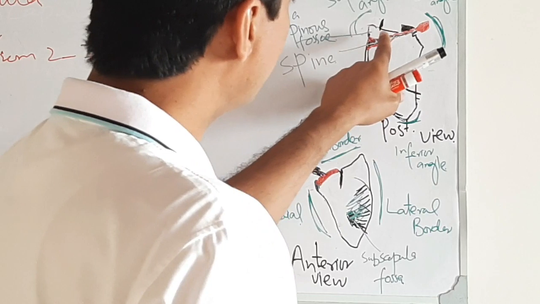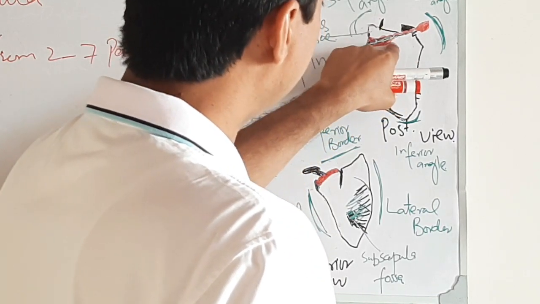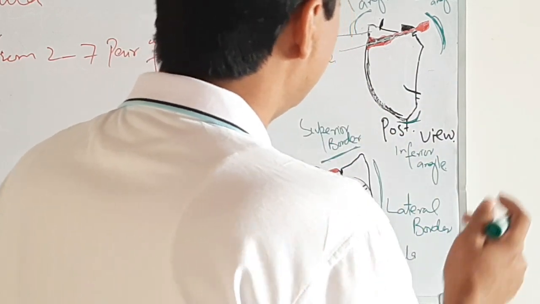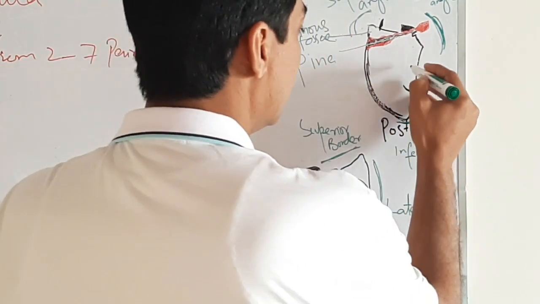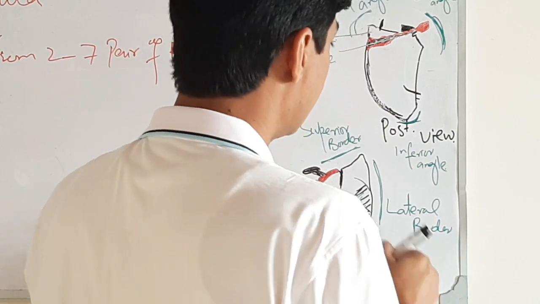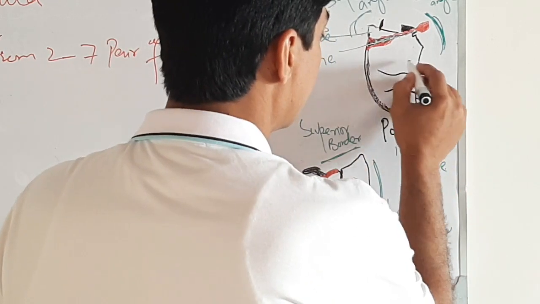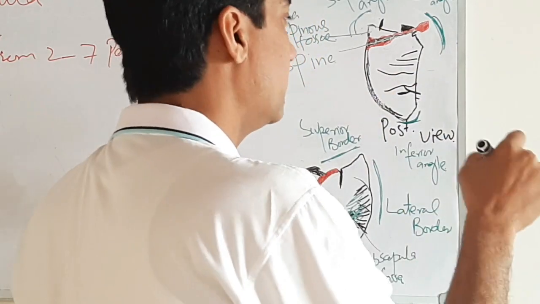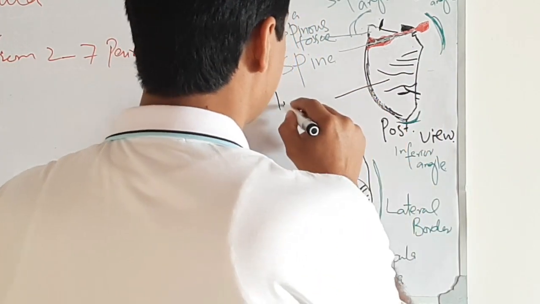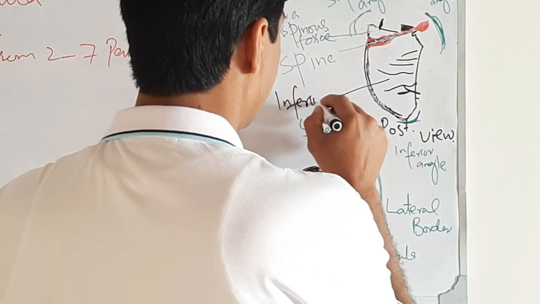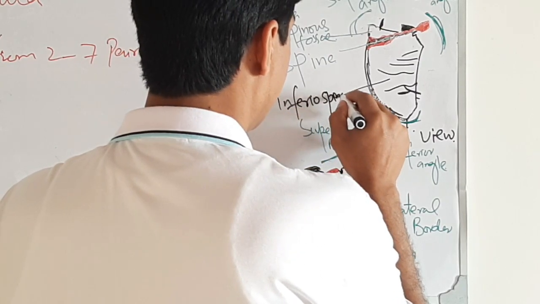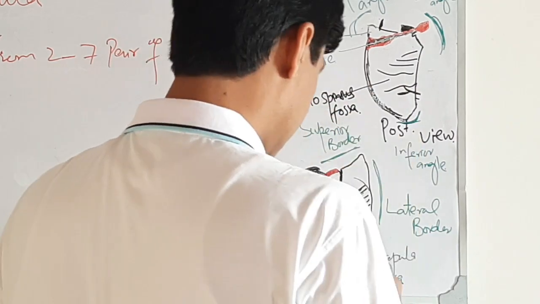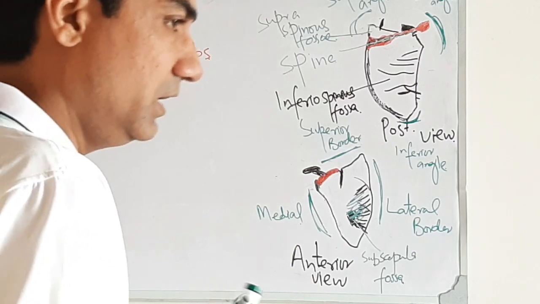Inferior to the spinous process, or spine, there is a broader and shallow space. This is called the infraspinous fossa. So there are three types of fossa.